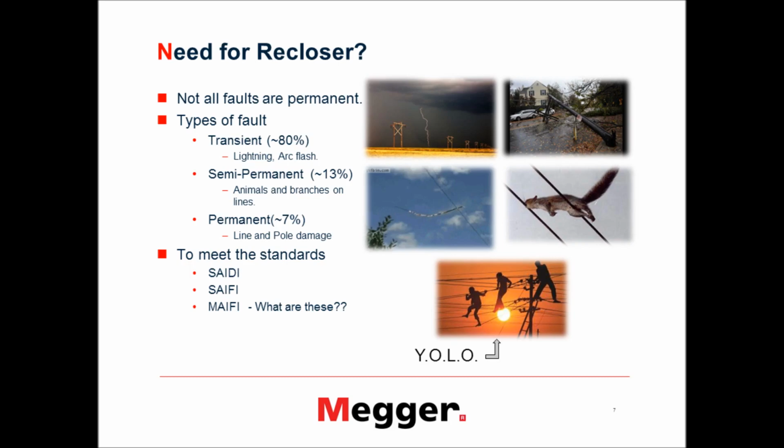So you don't have to do anything about it. So I could consider that as a semi-permanent fault. Some of the examples are animals or branches on the lines. That constitutes about 13% of faults that occur in our system, and only 7% of our faults are permanent, caused by storms or you name it.